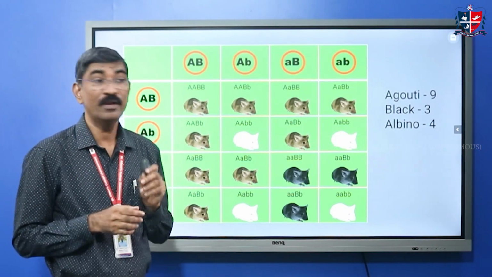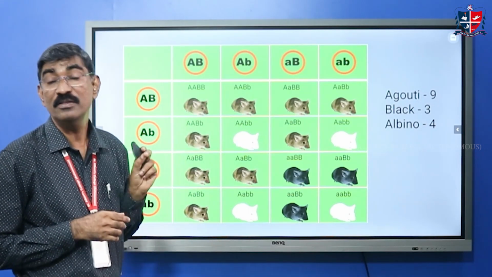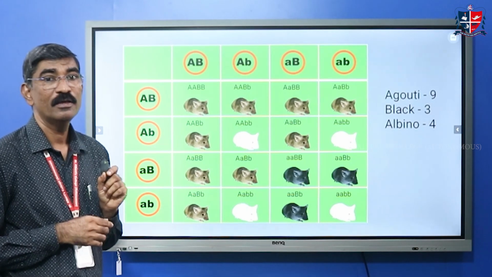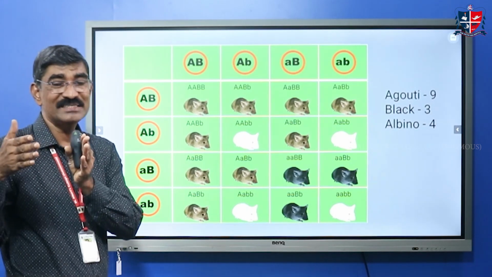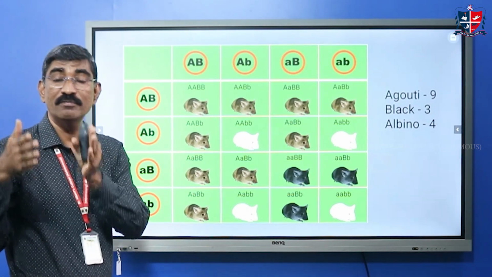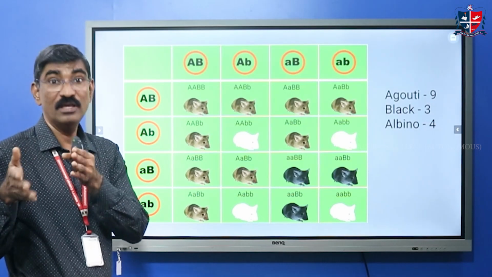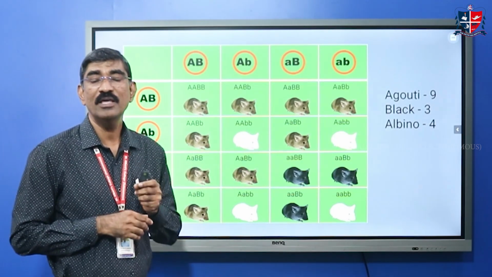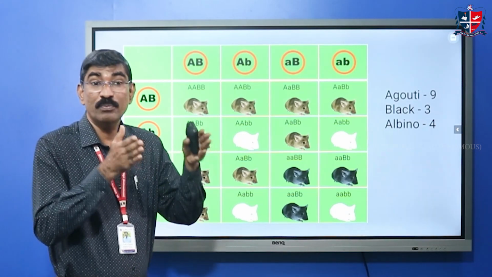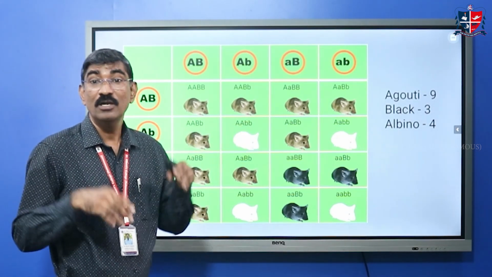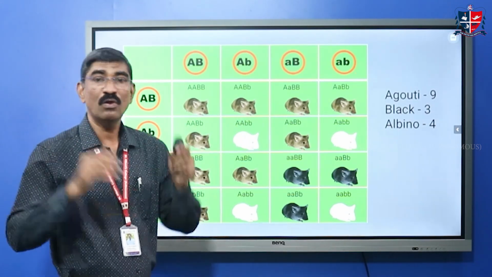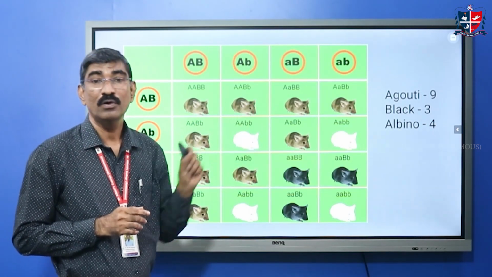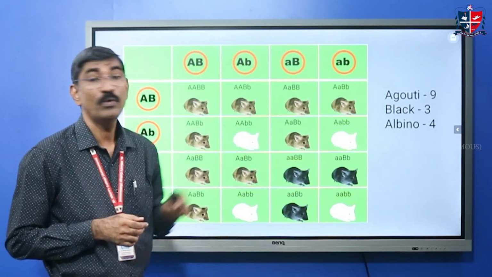So here if both the genes are dominant, then the phenotype will be agouti, because the second gene is also dominant. If the second gene, that is the epistatic gene, is dominant, then the hypostatic gene will be expressed. So both the genes are dominant, hence 9 out of these 16 will be agouti.